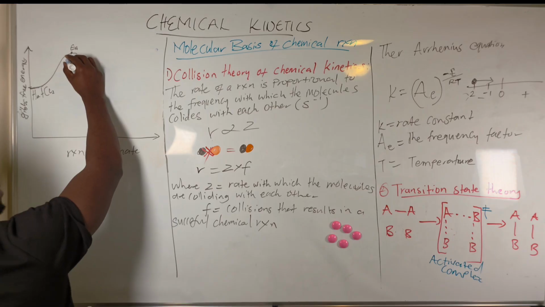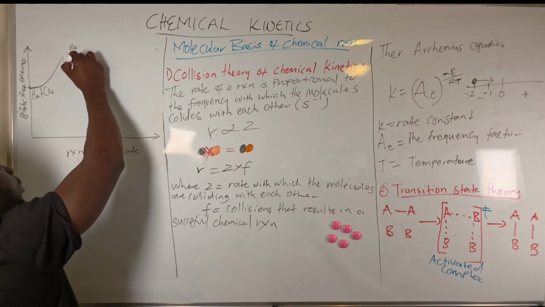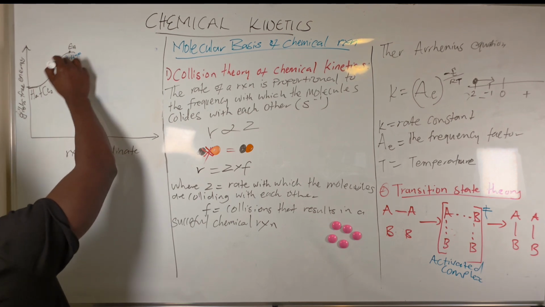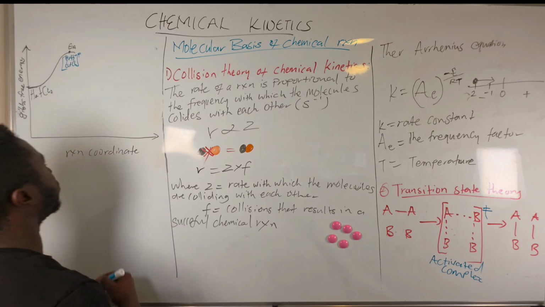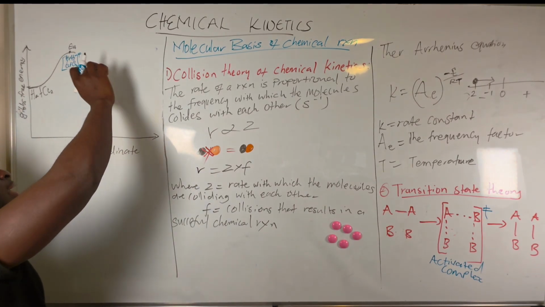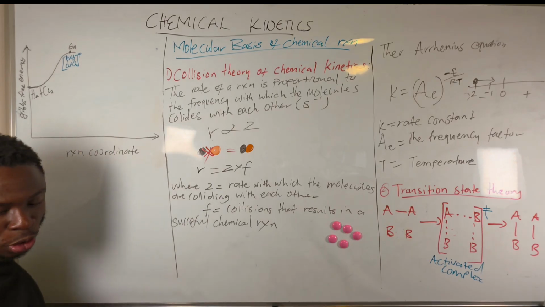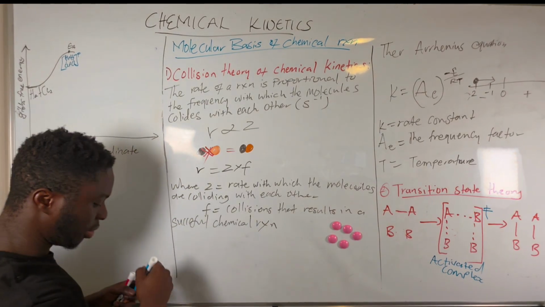And then the H-Cl bond will start to form. Now that this complex has formed, it has more energy than the reactants it started with. So what goes on from here is that this complex will now dissociate.